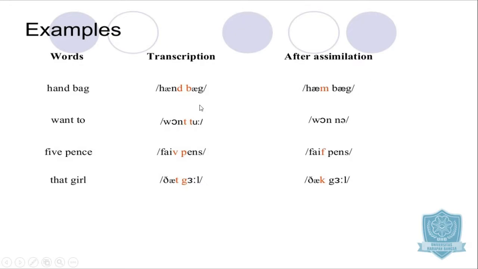For example, handbag becomes handbag, where the T becomes M, while for bag, it's the same. And then want to becomes wanna, and that go becomes that go. Okay, we are going to learn it further.